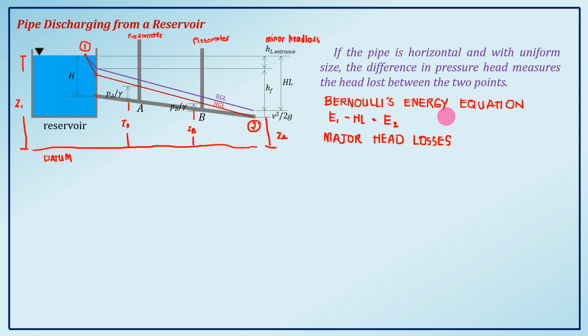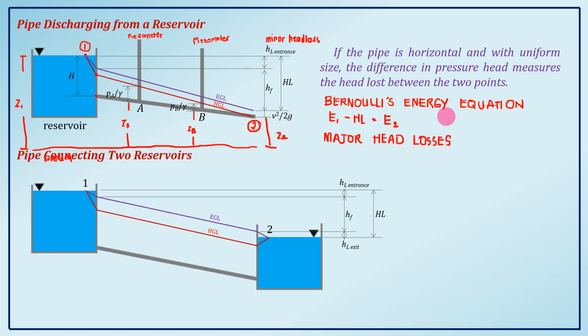So, what if we have a pipeline that connects to reservoirs? We have here a reservoir 1 and reservoir 2. We also plotted the HGL, the change in the pressure gradient, and also the EGL, your energy grade line.